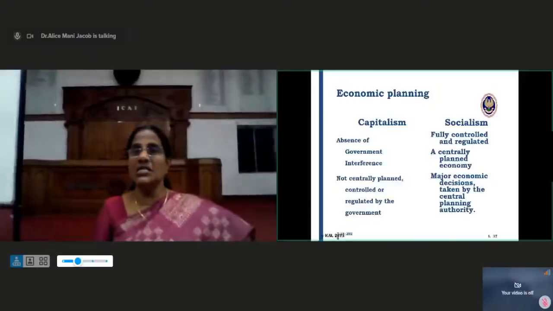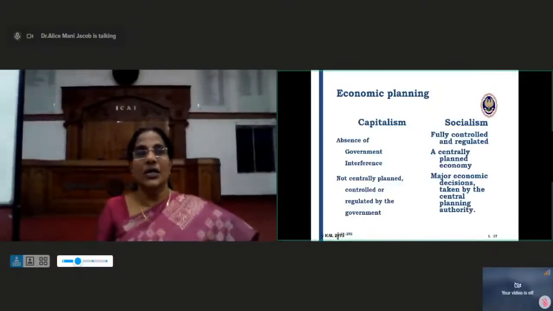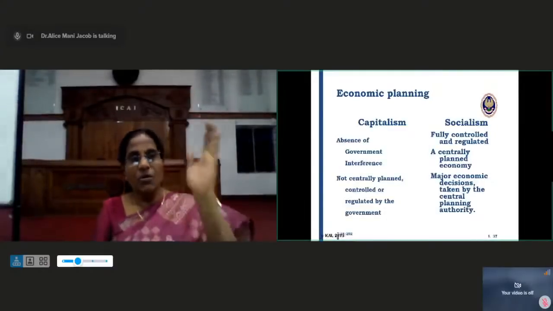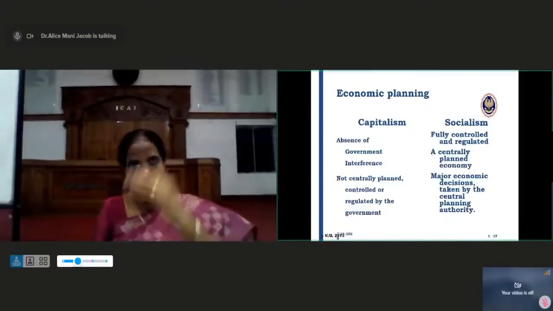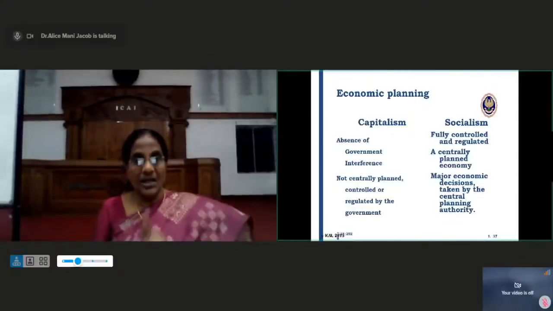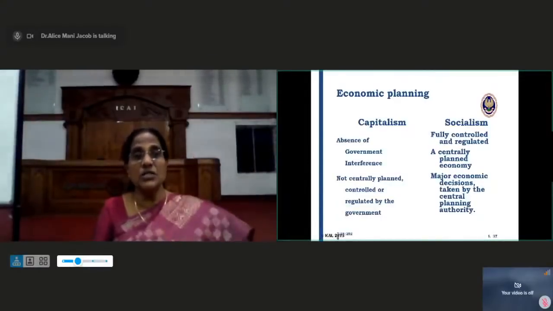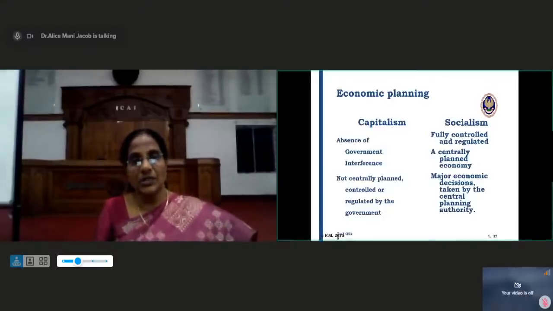Planning is this: you ask people, what do you want? We want 150 astronauts. Train 150 astronauts. We want 4 lakh doctors. Train 4 lakh doctors. That is central planning. We want 50 million tons of sugar. Produce 50 million tons of sugar. That is a planned or controlled economy.